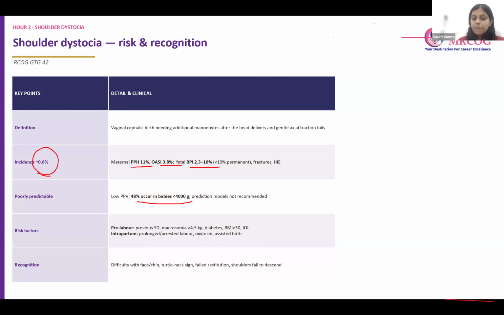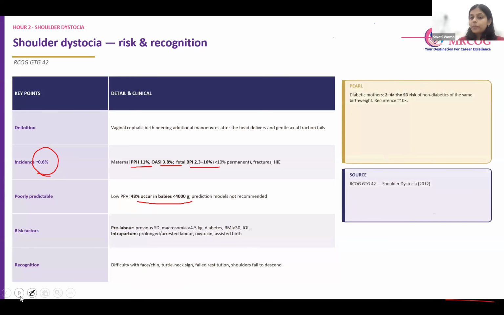How to recognize? Wherever you find difficulty with face and chin, means face and chin are not adequately out, and turtle neck sign is found, restitution is failing and shoulders are failing to descend, then be cautious regarding development of shoulder dystocia.